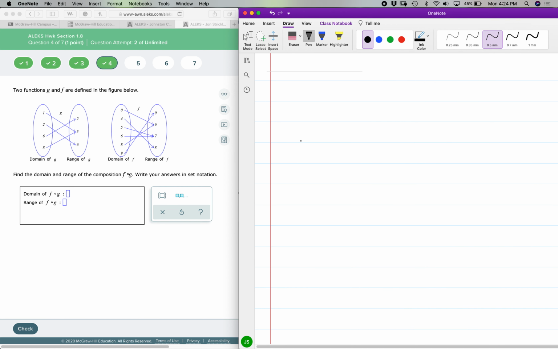Okay, so now we have the following composition problem. For the first set, we have the domain of G and the range of G. First of all, we have G. I'll use a little bit of highlighting here. So G of 1 is equal to 5.